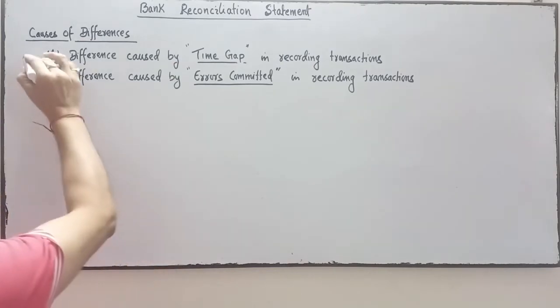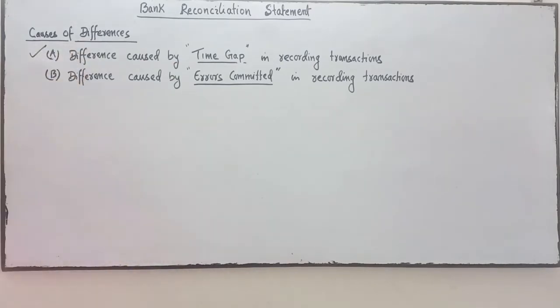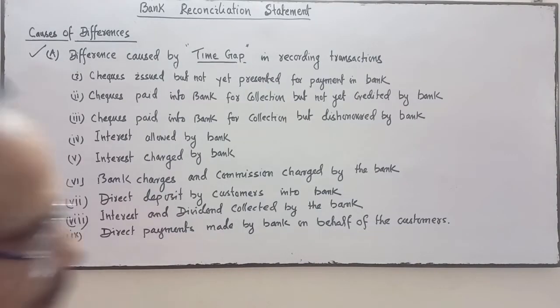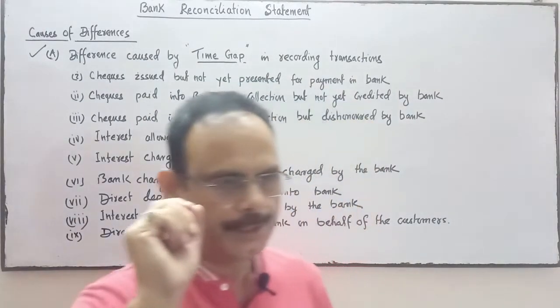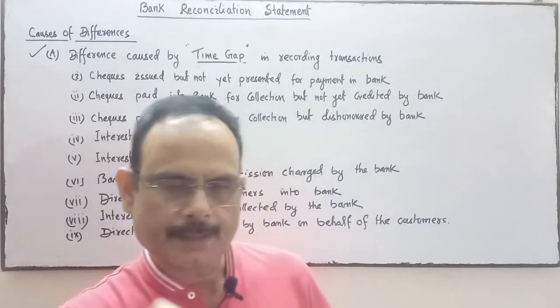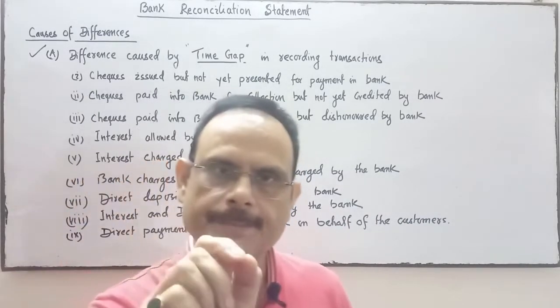So we'll see the first one, difference caused by time gap in recording the transaction. What are the errors that come under this? Point number A, time gap. The difference in bank balance as per cash book and passbook is due to time gap.